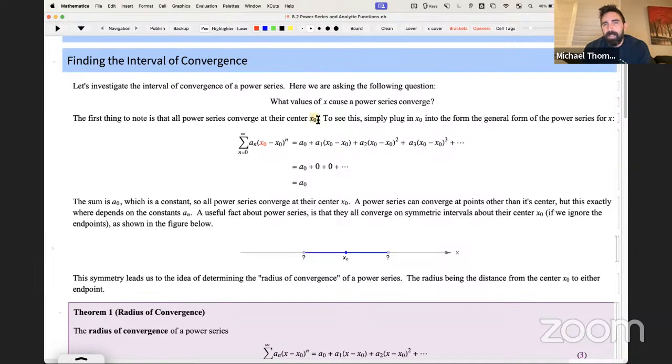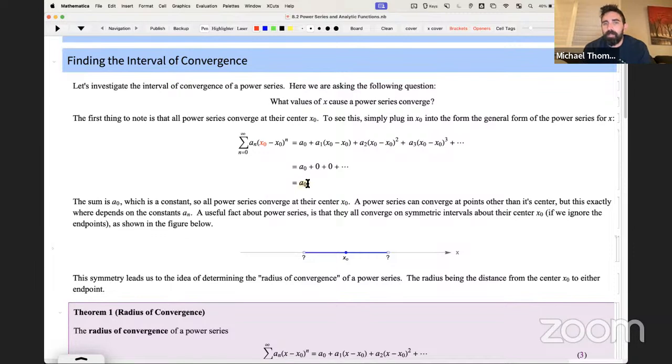If you took x naught and plugged it into the general form of a power series, you'll notice what happens. All of these terms drop off because they become 0, but you're still left with the first constant term, a naught. And so that's a finite number. So that means that your power series converges to a naught.